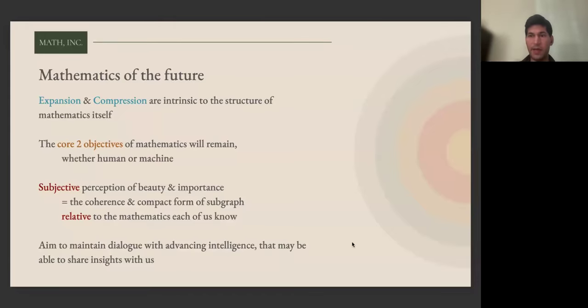And I really feel that these properties are intrinsic to the activity and the structure that one is building, and that this will remain whether the practitioners are humans or machines.